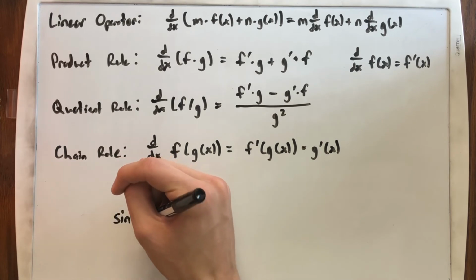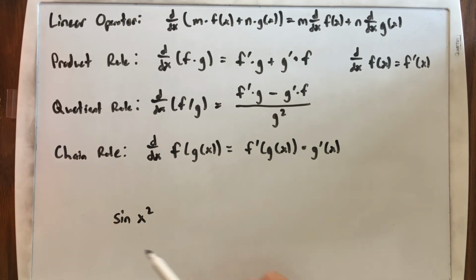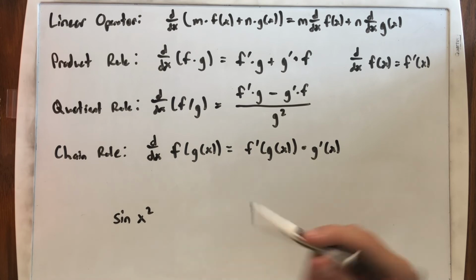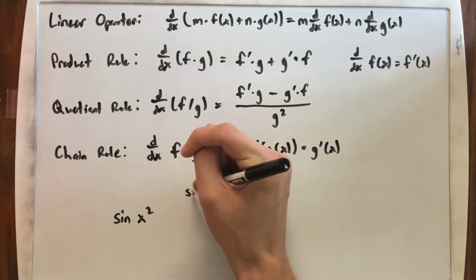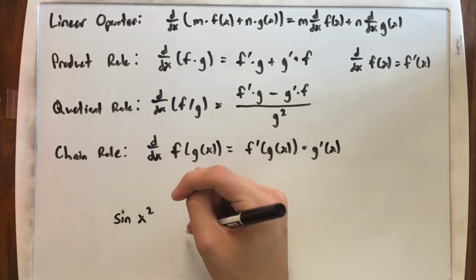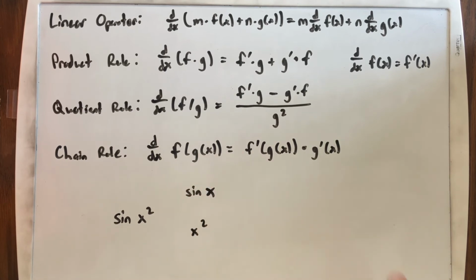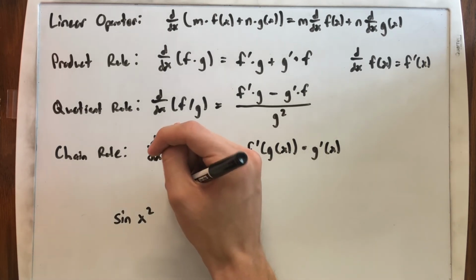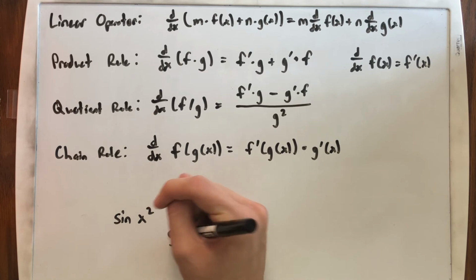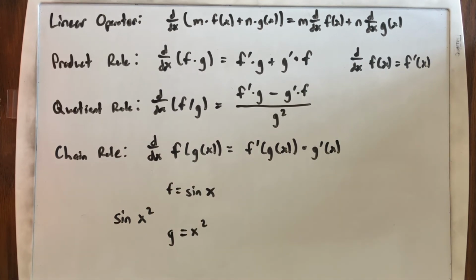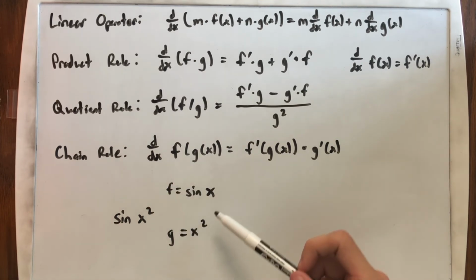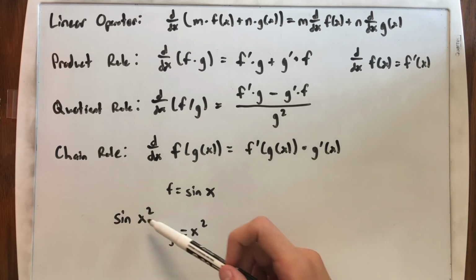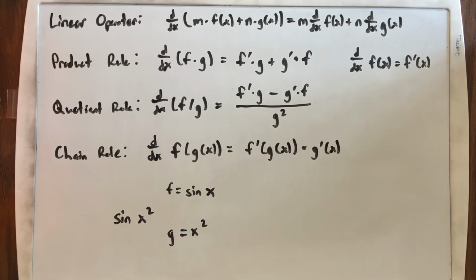So let's say you wanted to take the derivative of sine of x squared. Well, here, your f of x is sine of x, and your g of x is x squared. So f is equal to that, and g is equal to that. So you see that x squared is composed inside of sine of x to get sine of x squared.